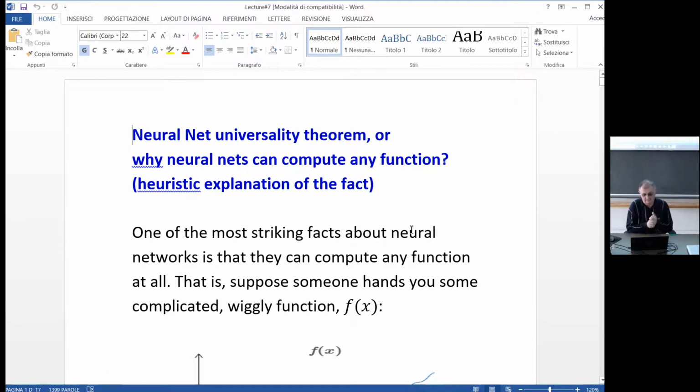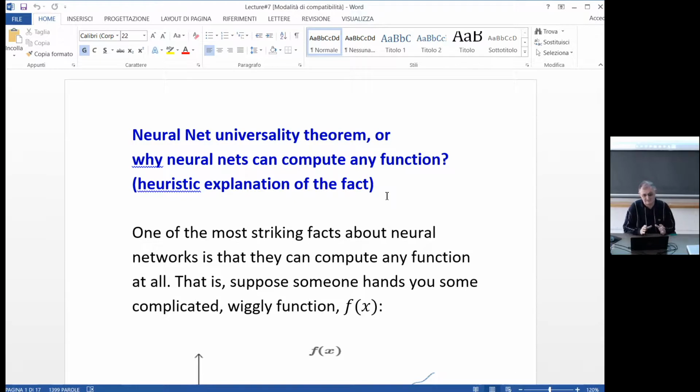So, today we consider the neural net universality theorem, or why neural nets can compute any function. Not a rigorous proof of this fact, but some heuristic explanation of it.